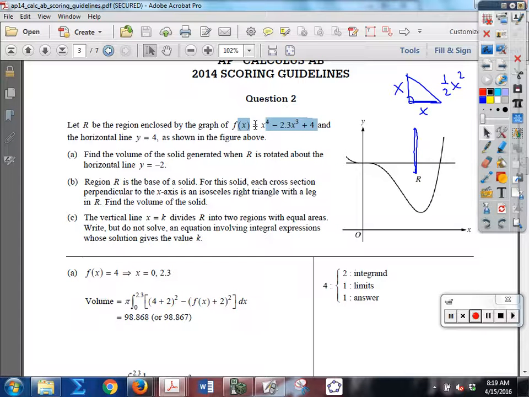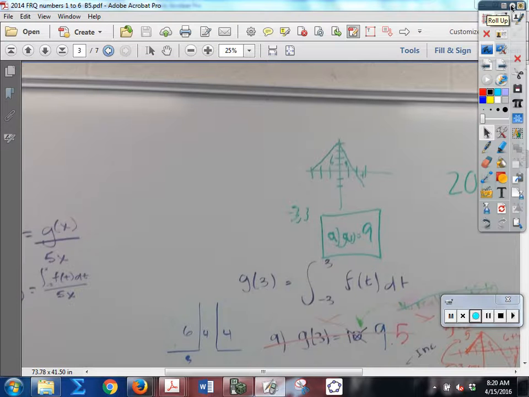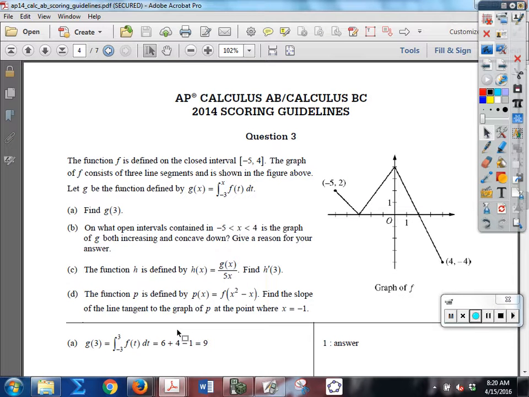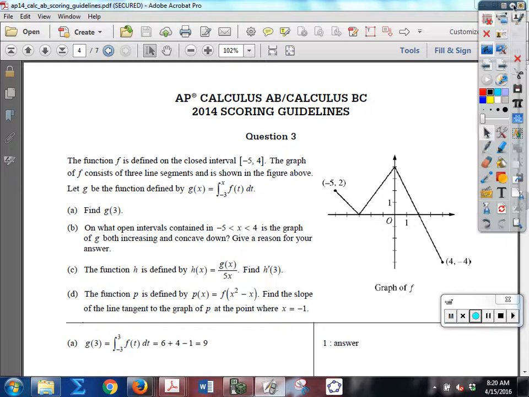So, okay, here's you guys, we got 9, we got a 9.5, 10, 9, everyone goes switching back and forth, right? Okay, so let's figure out what it's supposed to be. Alright, so the question is, find g of 3. So g of 3 is going to be the area underneath that from negative 3 to 3.